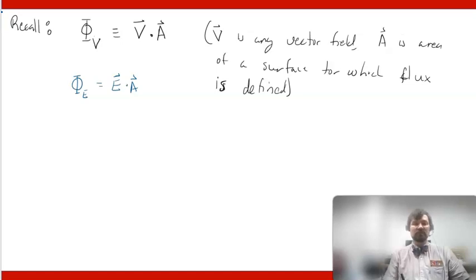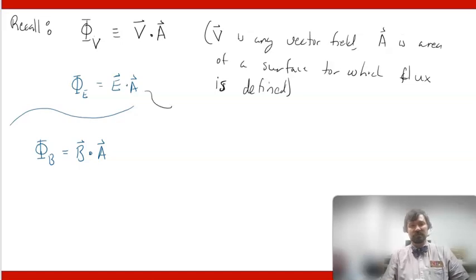Today we want to do the flux of a magnetic field. So flux of a magnetic field would be B dot A. So just as this leads to Gauss's law, this other one will lead to a law as well.